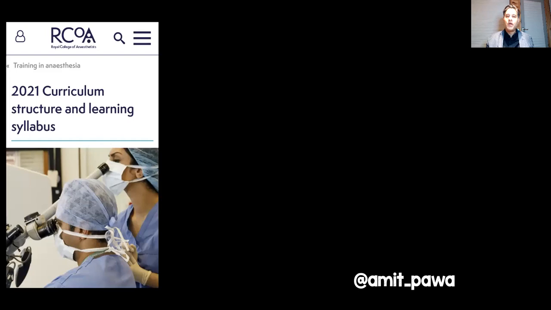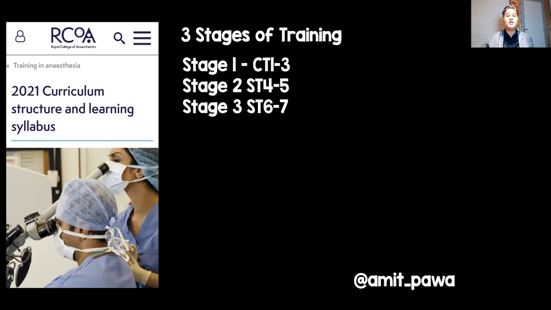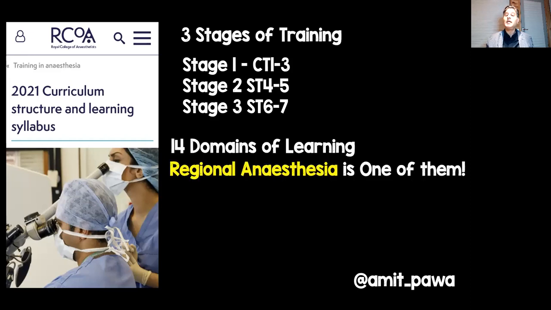Now, you will all be aware that the Royal College of Anaesthetists have written a 2021 curriculum. Within that, you'll know there are 3 stages of training. You will all, I'm sure, be in stage 3, although there may be some of you in stage 2 of training. Across the curriculum, there are 14 domains of learning, and amazingly, regional anaesthesia is now one of those essential domains.